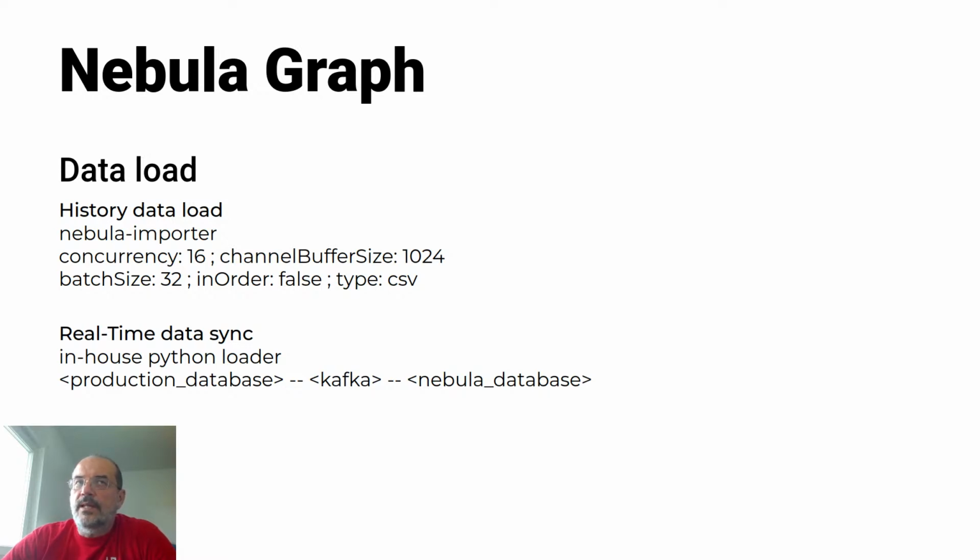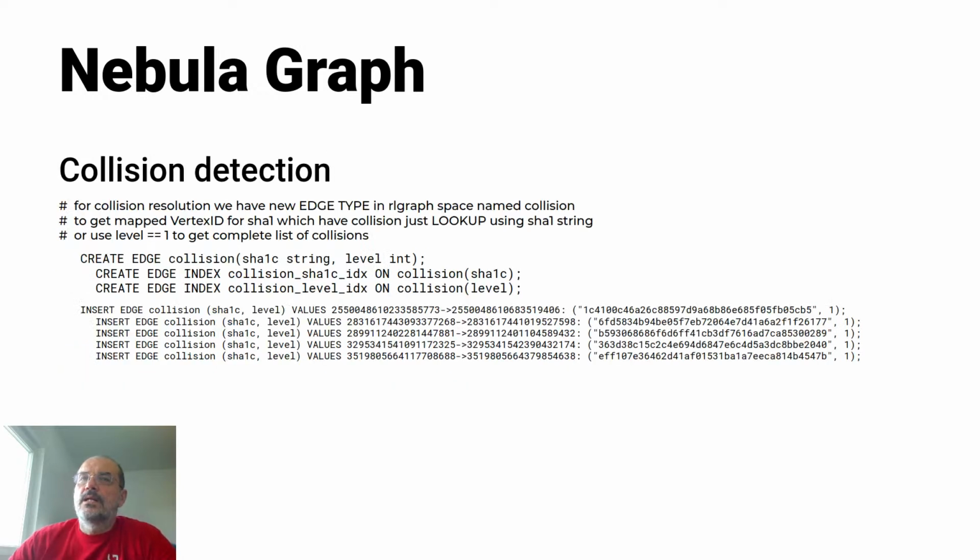It is a real-time system, so it is actually a data synchronizer. So after we loaded the complete data set and activated synchronizers, we got the operational system in sync with our production data.